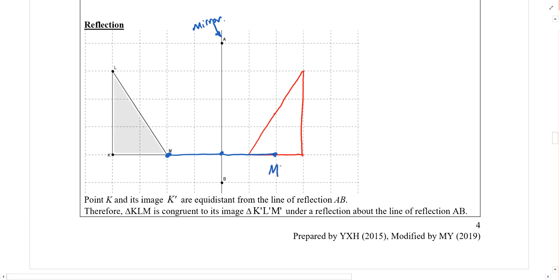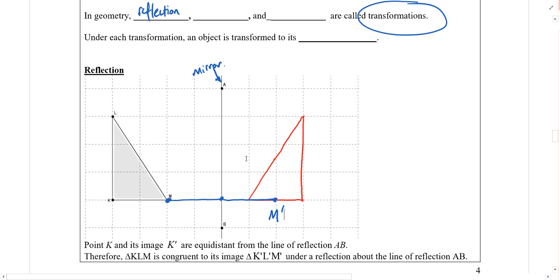So this is my reflection of M. Which means that my diagram should be shifted here. This part, they have the same shortest distance. So I call this point M prime.